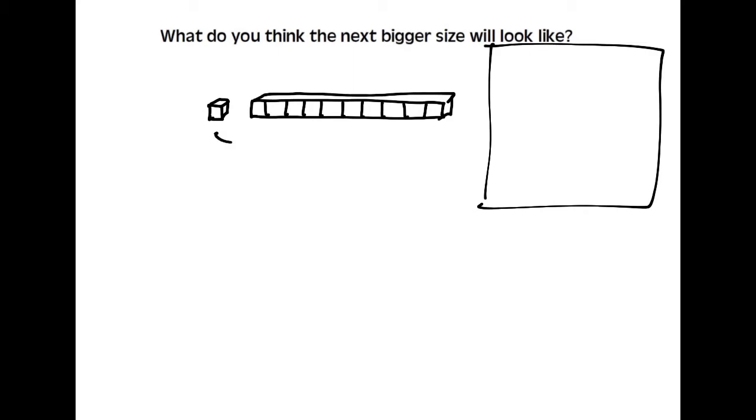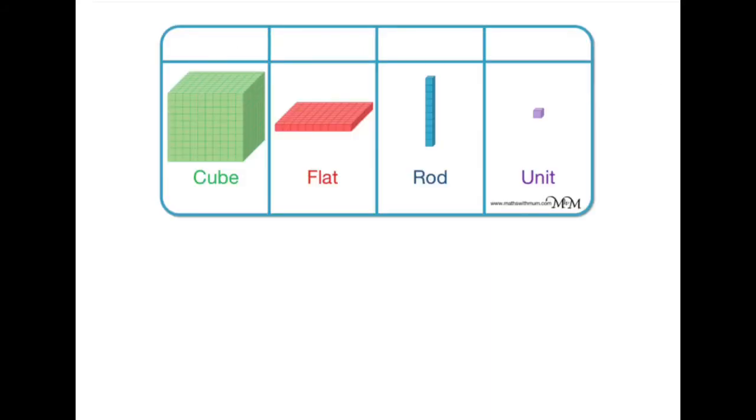If 10 of these make that, and 10 of these make this great big square, what do 10 of these look like? And there you go. It's a great big cube, isn't it? Theirs are backwards from what we had, but you still can see the connection. Okay, so these are the words we're going to call them: unit, rod, flat, and cube.